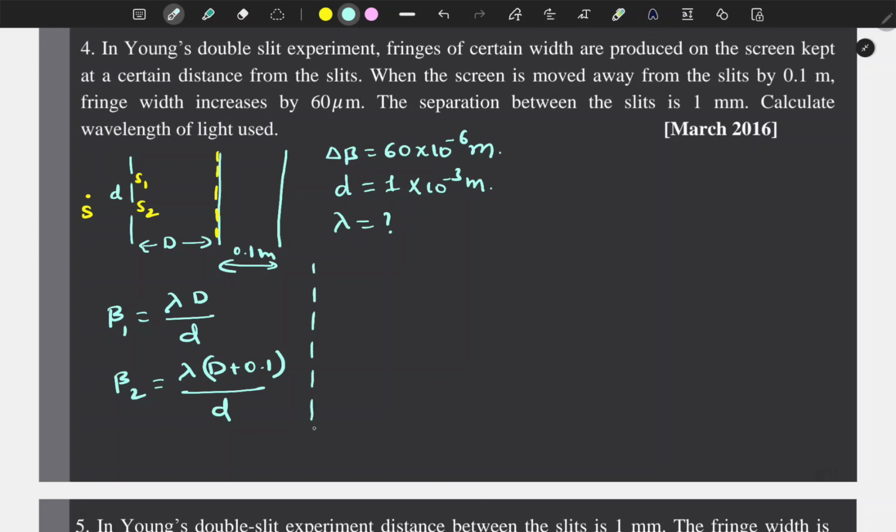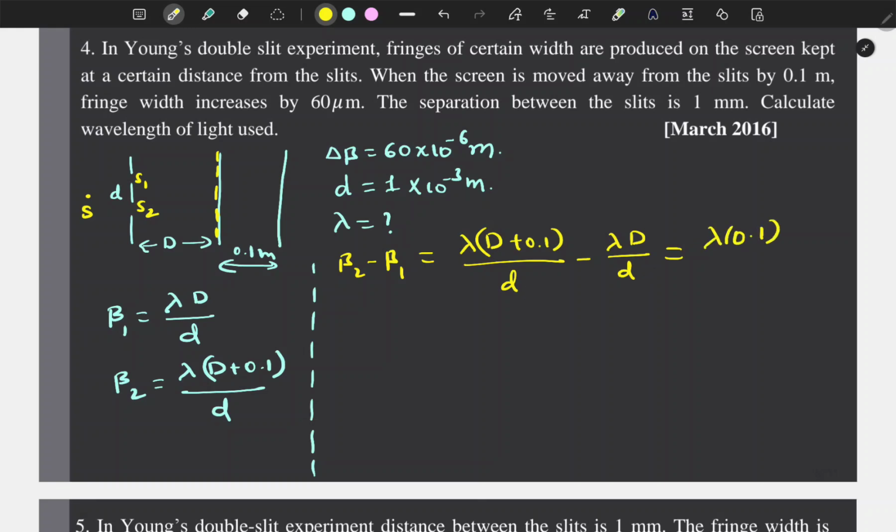We want lambda value, so I will do beta 2 minus beta 1, that is equal to lambda into (D plus 0.1) divided by small d, minus lambda D by small d. Lambda D by small d gets cancelled, and we get lambda into 0.1 divided by small d.